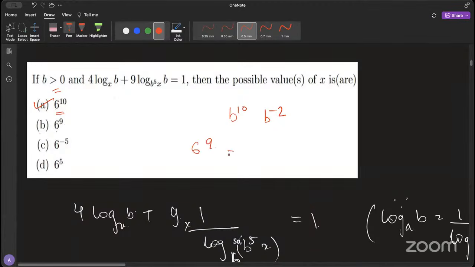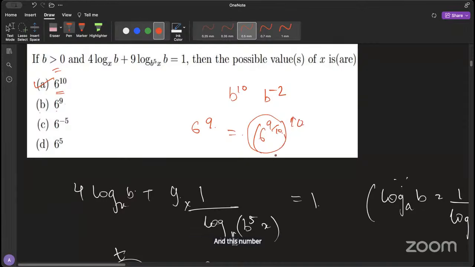I can write this as 6 to the power 9 by 10, whole to the power 10, right? This is fine. And this number, I can consider this to be b, and this is greater than 0, right? 6 to the power 9 by 10 is greater than 0. Yes, ma'am. That means this option is also correct.